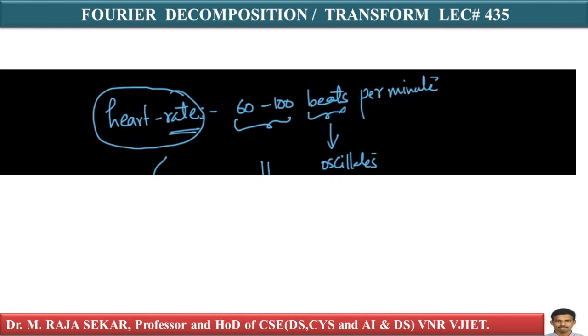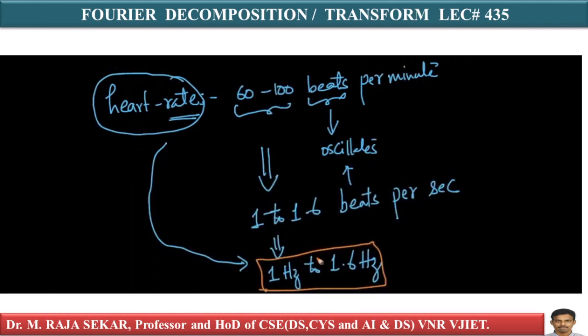A typical human heart makes 60 to 100 oscillations per minute, which is equivalent to 1 to 1.6 beats per second, or 1 hertz to 1.6 hertz.